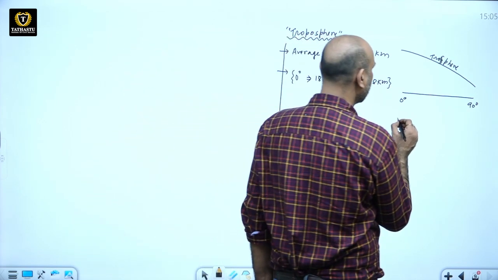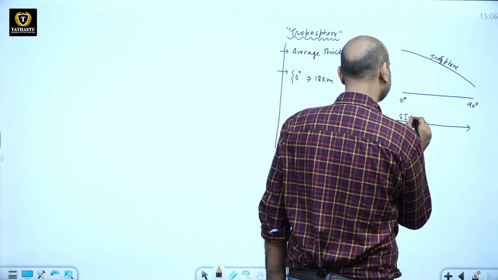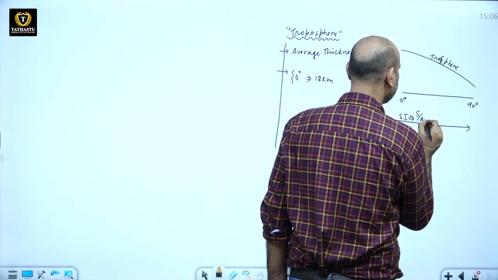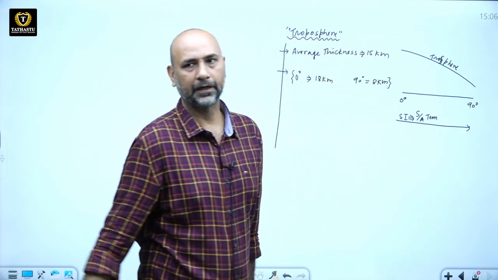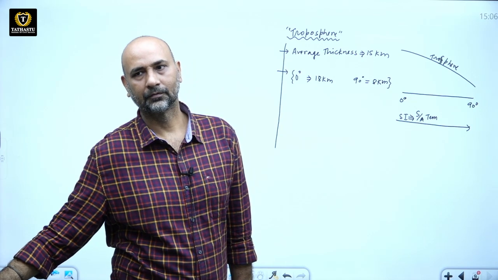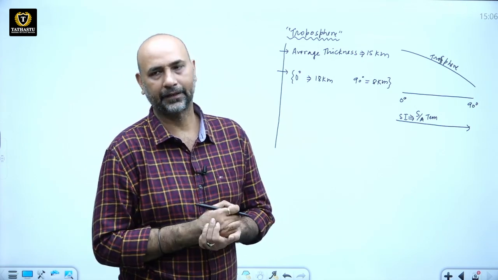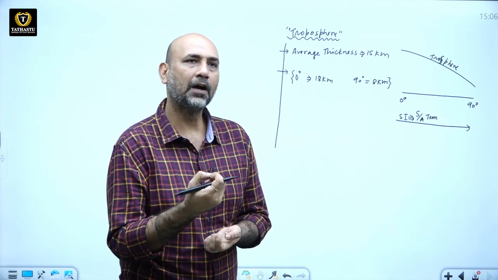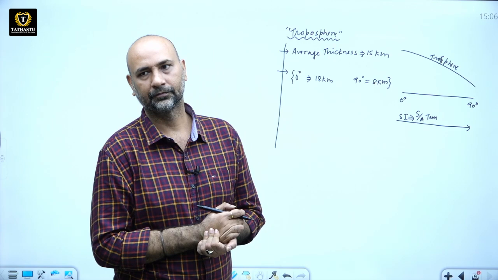I have already taught you solar insolation, surface and air temperature declines from low latitudes to high latitudes. So the thermal convection and rise of hot and lighter air: the more the rise of hot and lighter air, the more the thickness of the troposphere.